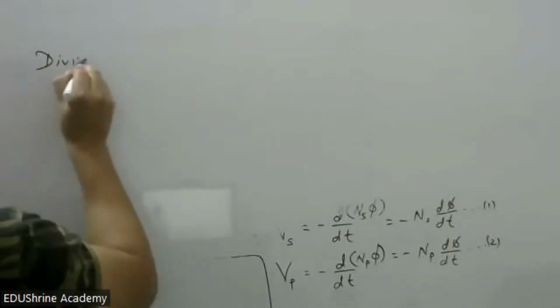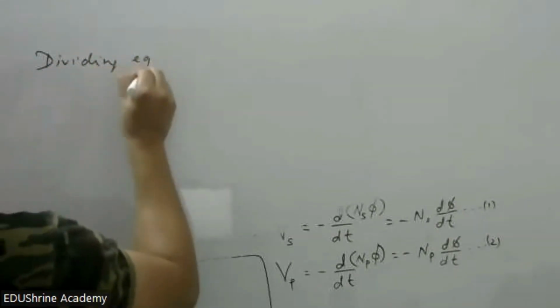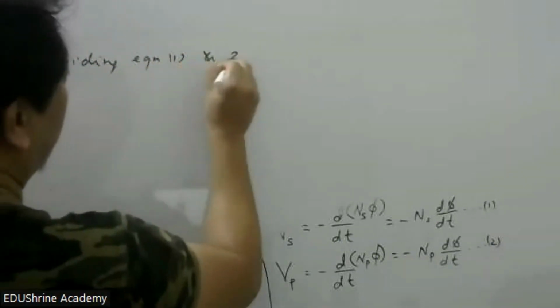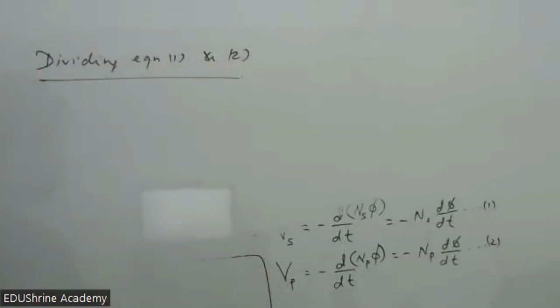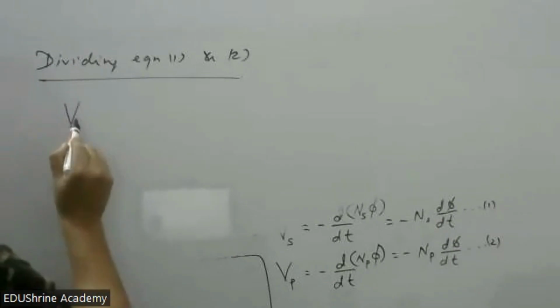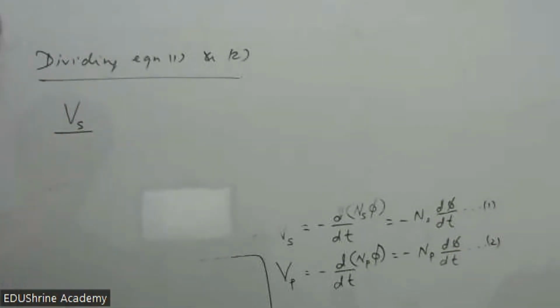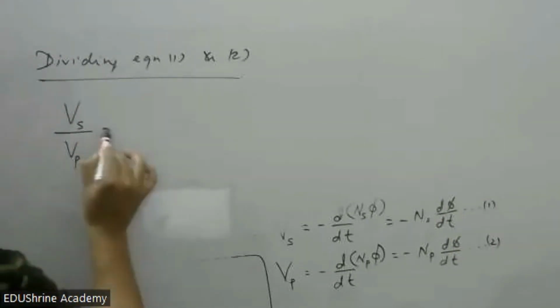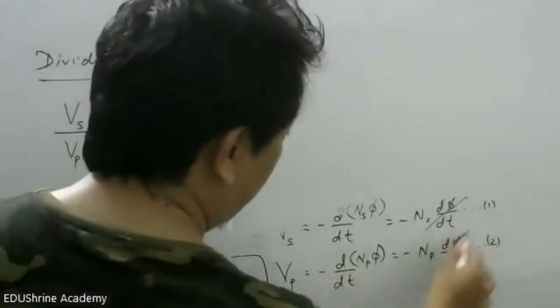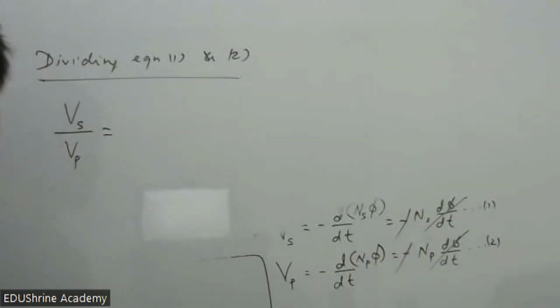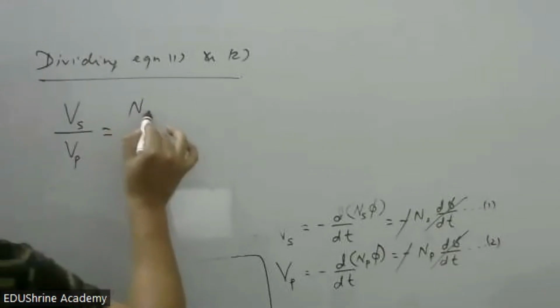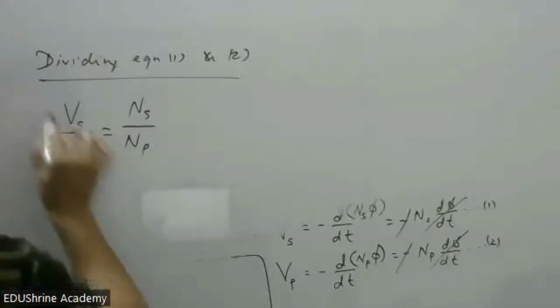So dividing equation 1 and 2, what will you get? Left hand side, voltage in the secondary divided by voltage in the primary is equal to d phi by dt, minus will cancel, number of turns in secondary by number of turns in primary.